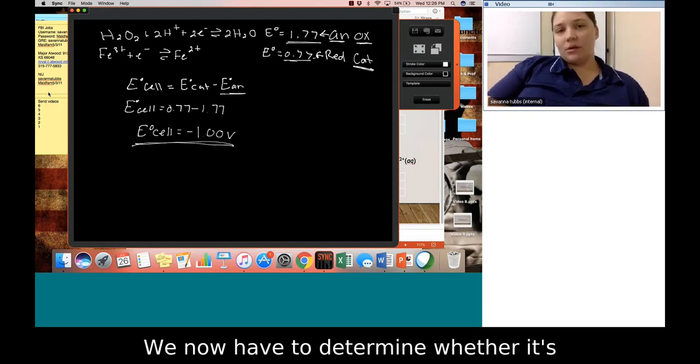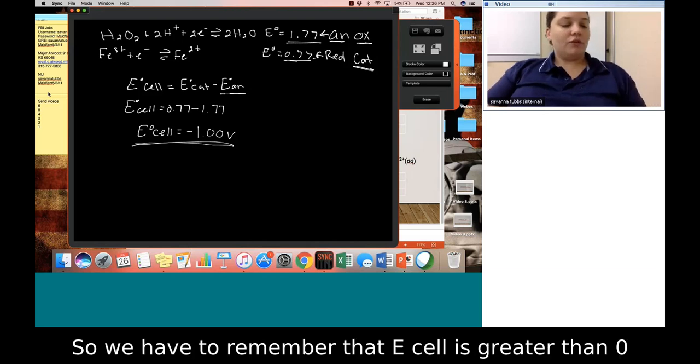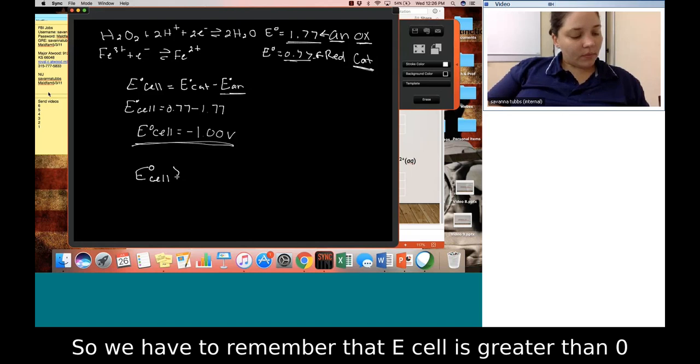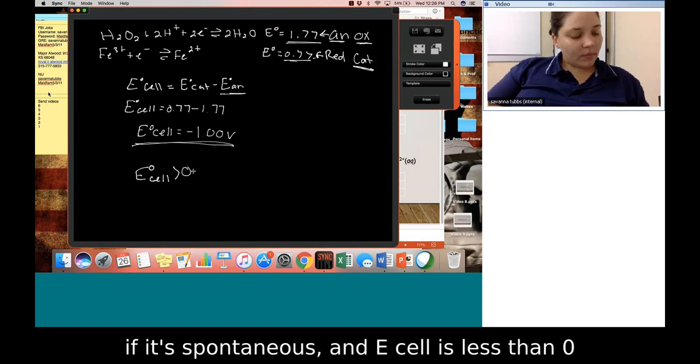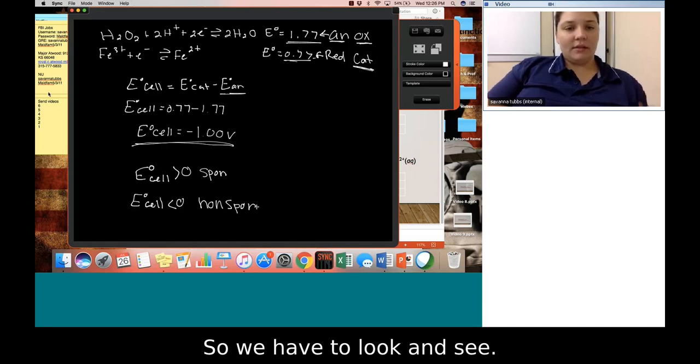We now have to determine whether it's spontaneous or non-spontaneous. So we have to remember that E cell is greater than 0 if it's spontaneous, and E cell is less than 0 if it's non-spontaneous. So we have to look and see.